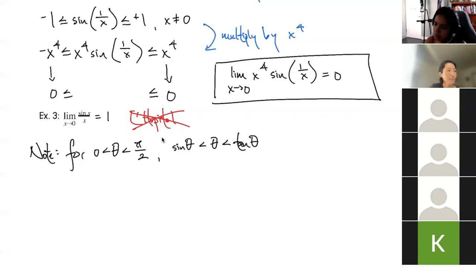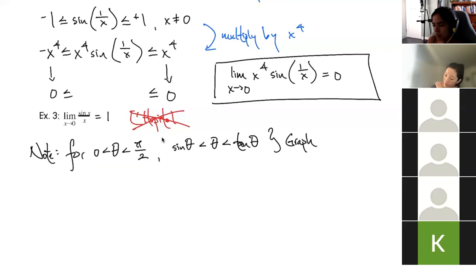If you think back to the unit circle, that hopefully makes a little bit of sense: the sine of an angle is less than the angle, but the tangent of the angle is always going to be bigger than that angle, but only if we're looking between 0 and pi over 2, or anywhere in that first quadrant. If you were curious, you can also check on a graph to see that that is indeed true.